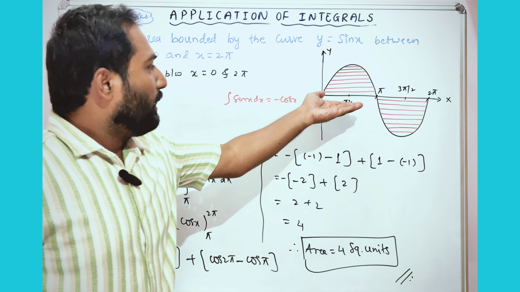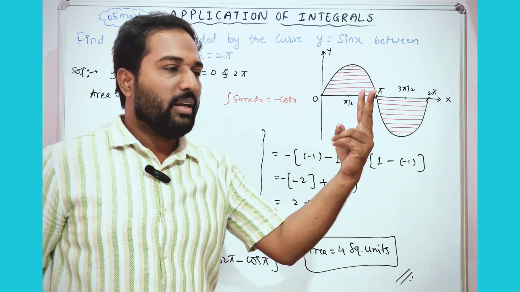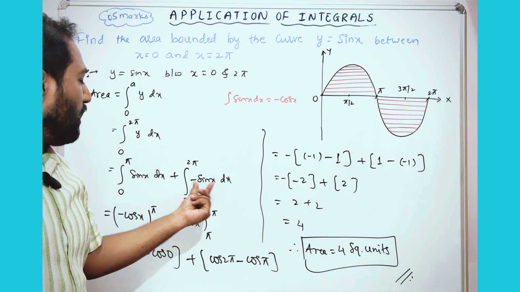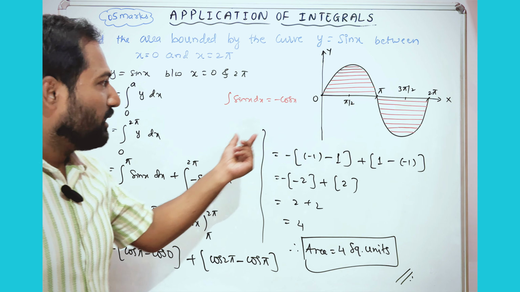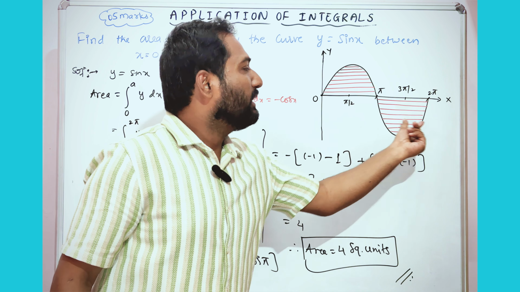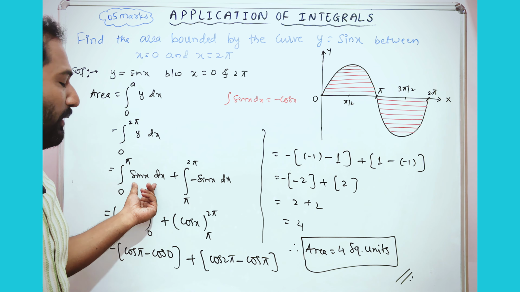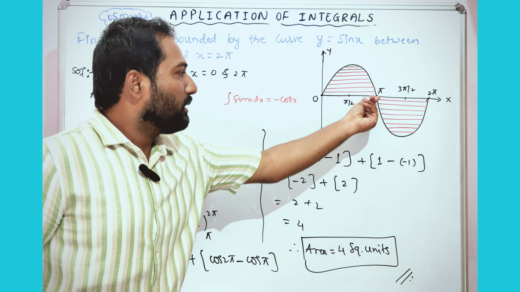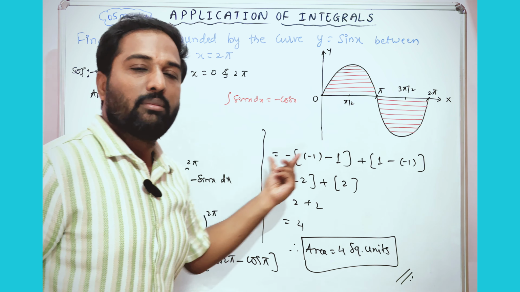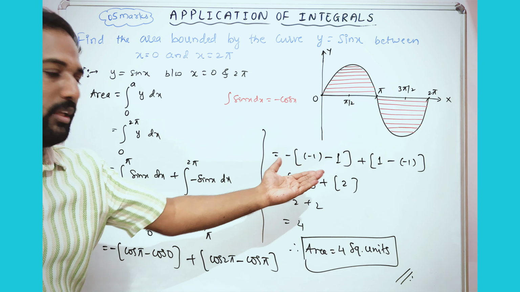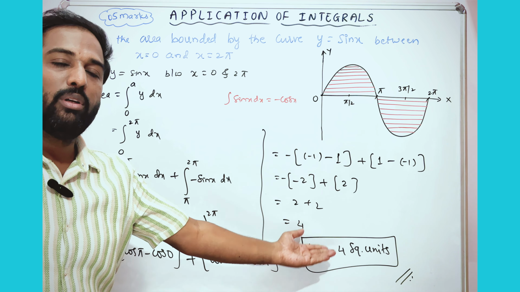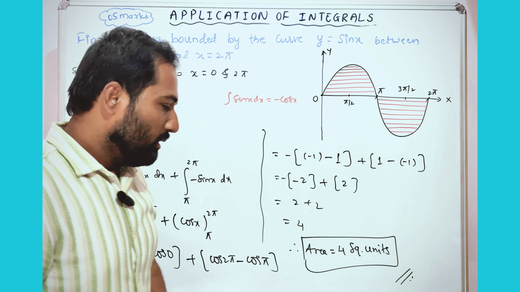Plus sin x, minus sin x: two different areas, two different integrals. Why have we used the plus sign here? Because we need to add the first area and second area to get the total area. That is why first part plus second part. Simple integration. Using these values you simplify and get 4 square units.